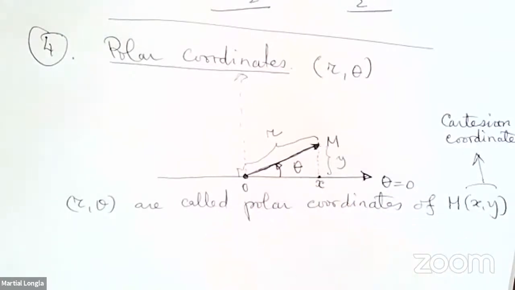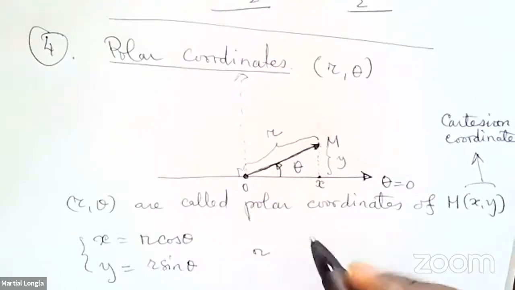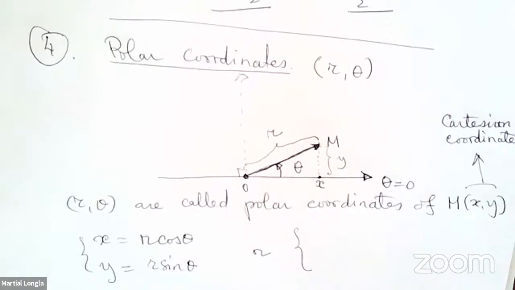Just as I did in a problem earlier, x is r cosine theta and y is r sine theta. So if I have the polar coordinates, I can always find the Cartesian coordinates by plugging them in here to switch.